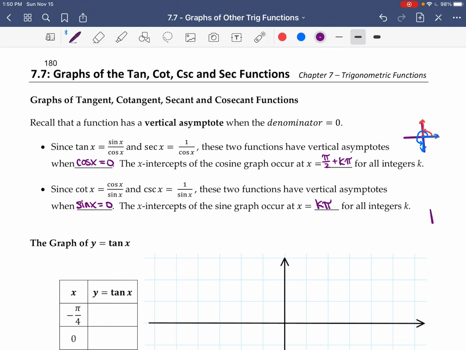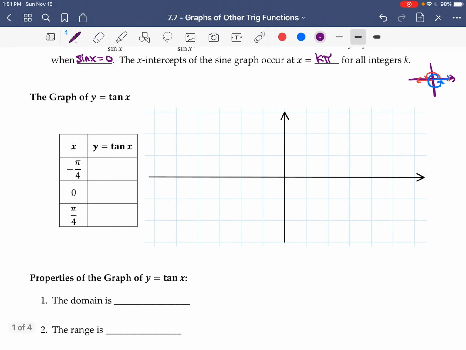So again, for this one, sine is 0 at pi, so terminal side over here, and also at 2 pi. So that's where the terminal side and the initial side are actually the same. Okay, so that's when the y value, where you're on your terminal side, is 0. So those are going to be where our asymptotes are.